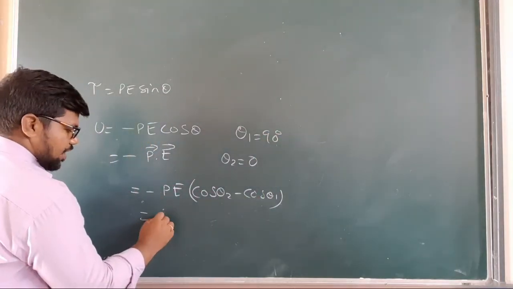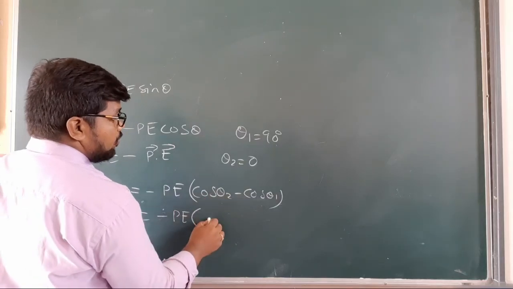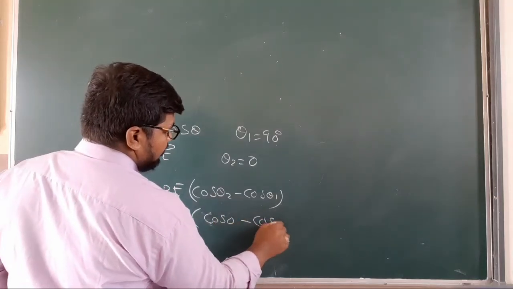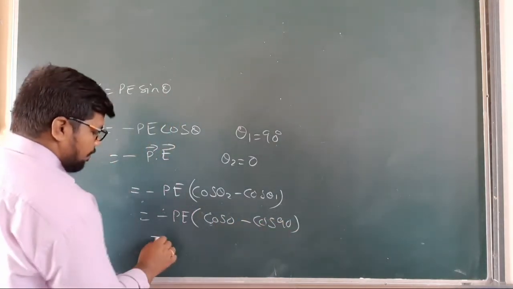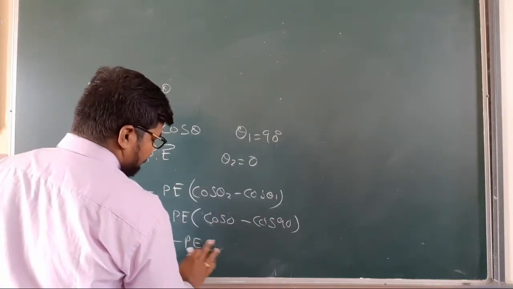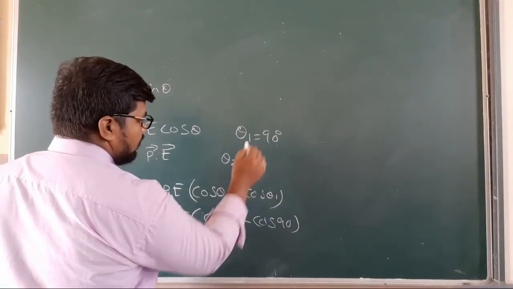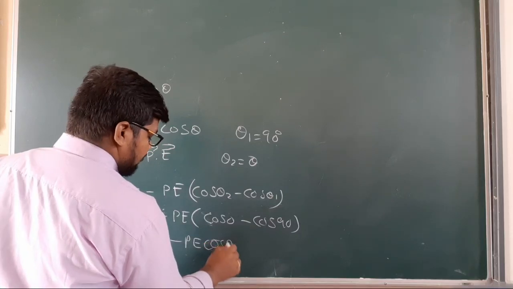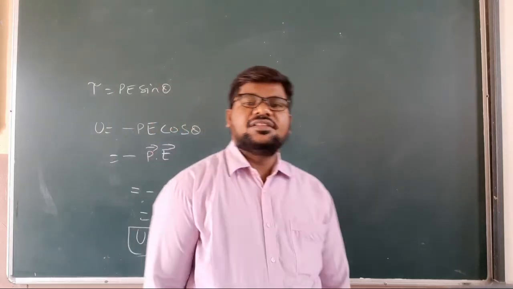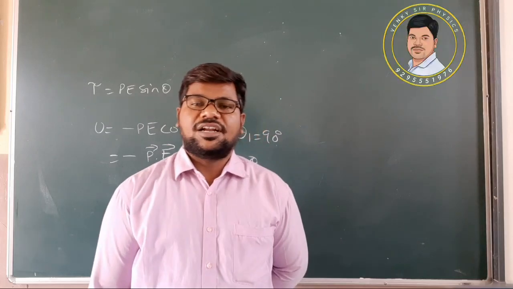Then we get minus PE (cos theta 2, cos 0, which is 1, minus cos 90 degrees, which is 0), so minus PE cos theta means minus PE. Suppose in this case we take theta 2 as theta, we get minus PE cos theta. Clear, my children? This topic is very important for board exams and NEET exams.